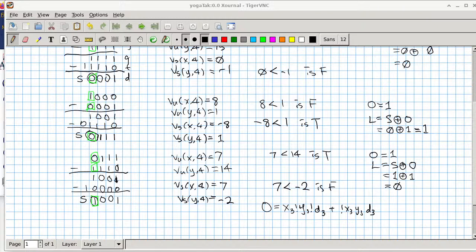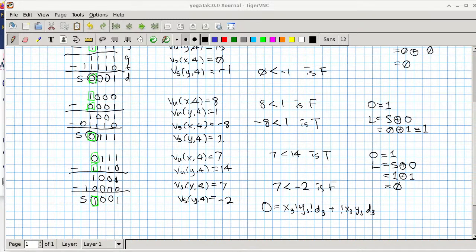But we look at the second one, the negation of x3. Since x3 is a 0, the negation is going to be a 1. We look at y3, it is a 1. We look at d3, it's also a 1. So we end up with 1 and 1 and 1. So when one side of the disjunction is a 1, the whole disjunction is a 1, and that's why overflow is a 1.